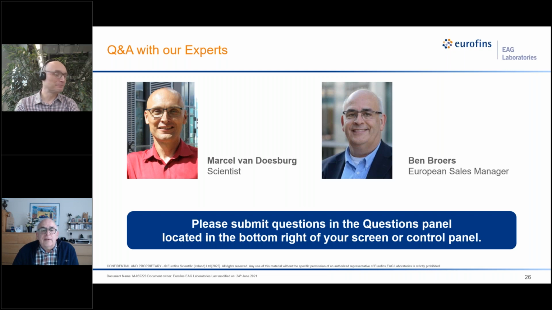Another question, Marcel, that I have is, how do you monitor and evaluate the results of accelerated aging tests? That could be a combination of visual inspection, checking discoloration, cracks or physical changes, and mechanical testing.